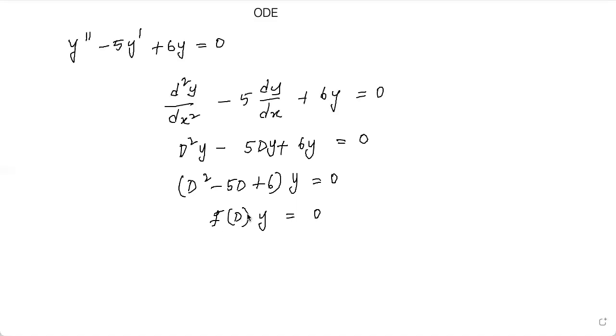Now this is in the form of f of D into y is equal to 0. Now for the given equation we write the auxiliary equation, which is replacing D as m.